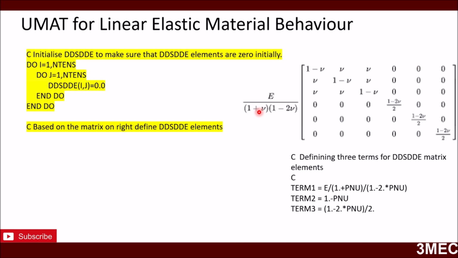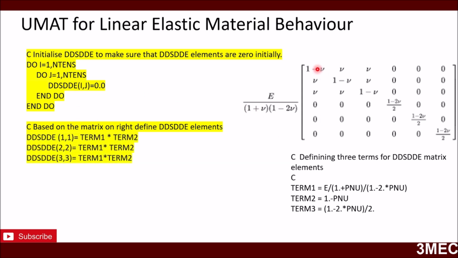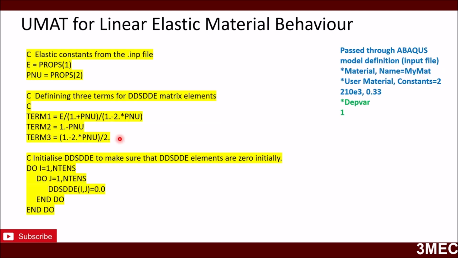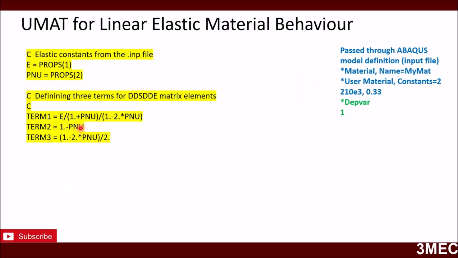So I make everything 0, and then I go to the next loop here, and based on these relationships I will compute each one of them. You see 1 1, 2 2, and 3 3 are the same. So I will compute term 1 times (1 minus nu), and if you remember, 1 minus nu was term 2.